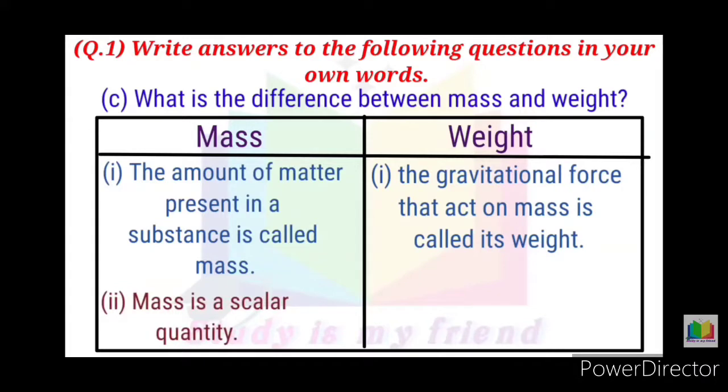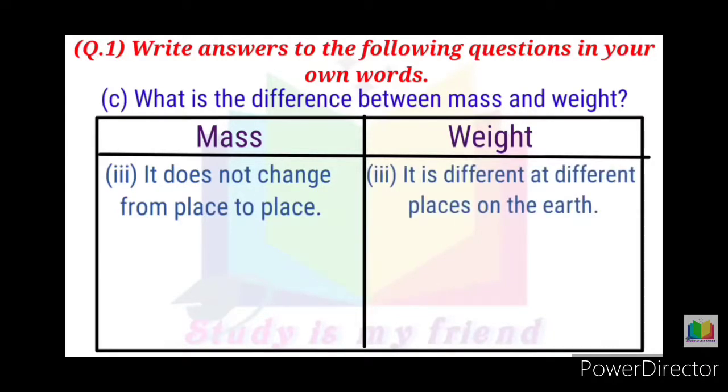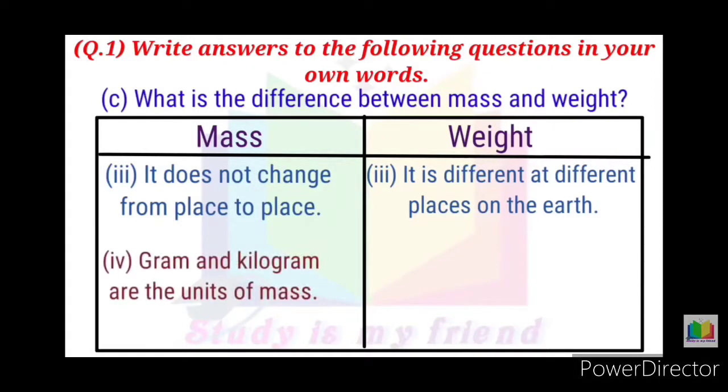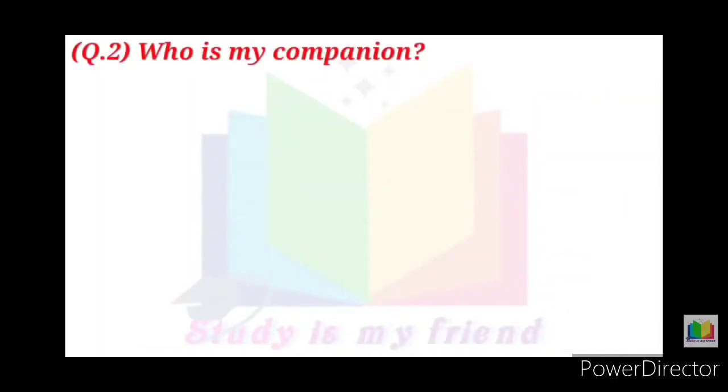Next, mass is a scalar quantity, while weight is a vector quantity. Third, mass does not change from place to place, but weight is different at different places on the earth. The gram and kilogram are the units of mass, while the Newton is the unit of weight.